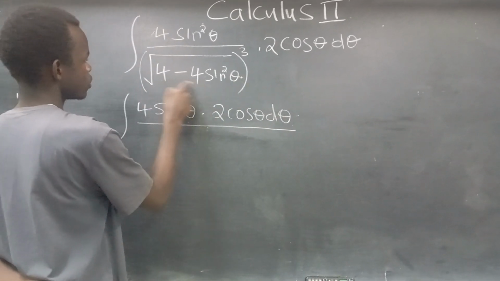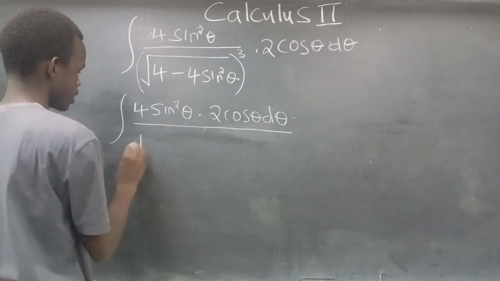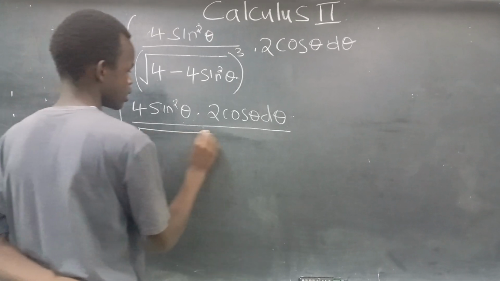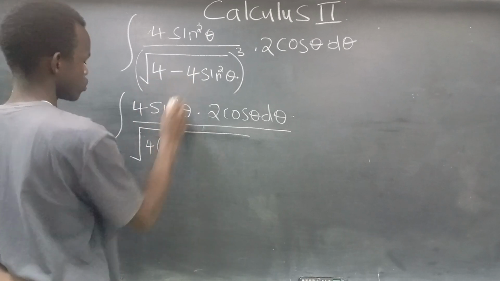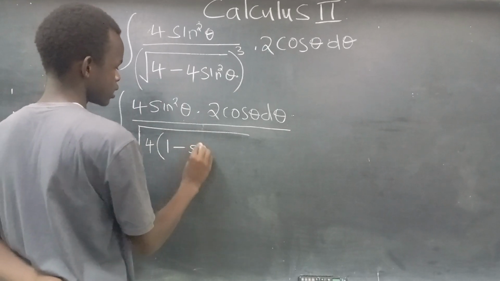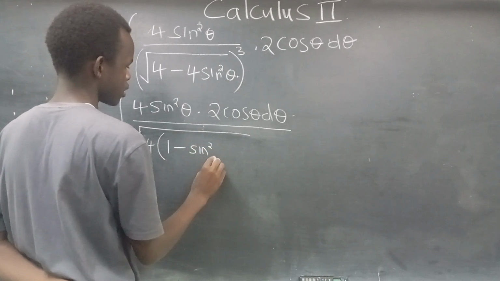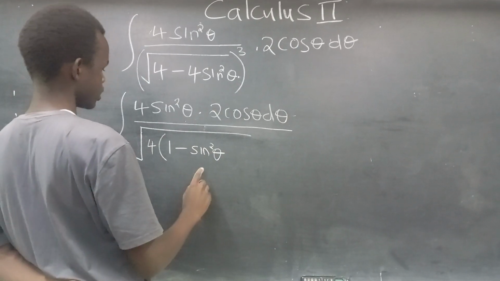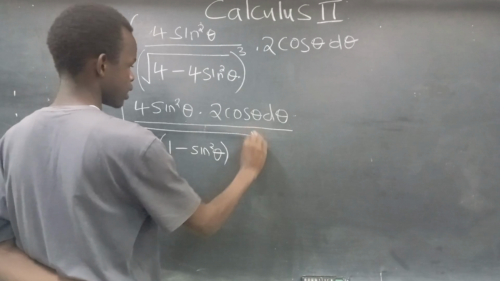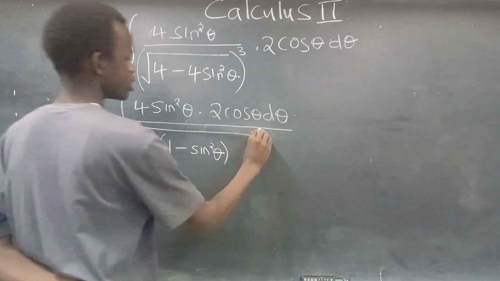So I'll factor 4 outside here. The radical remains of 4 into 1 minus sine squared of theta, close my bracket, and that whole thing is being cubed.